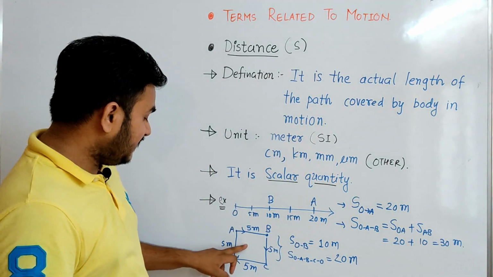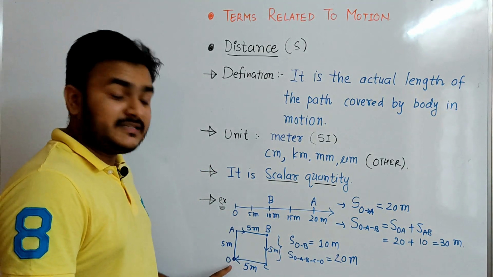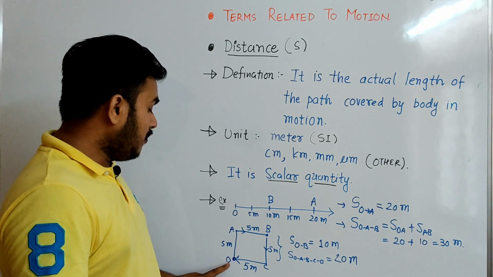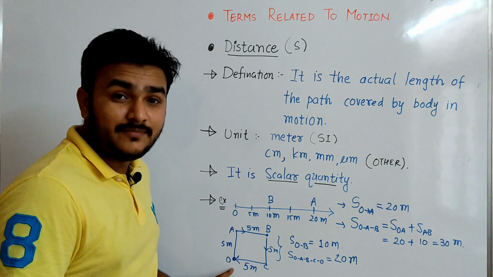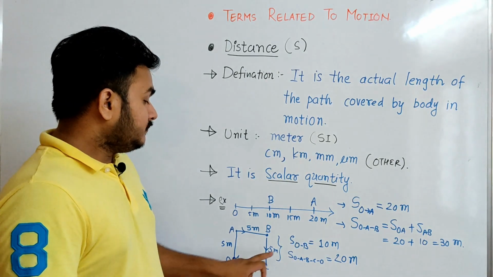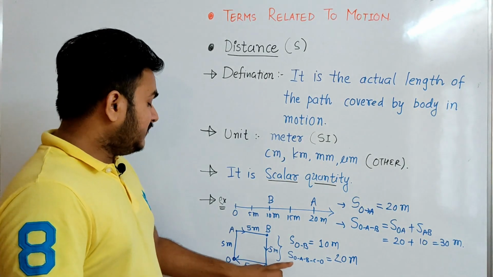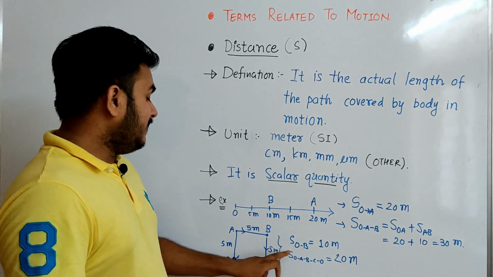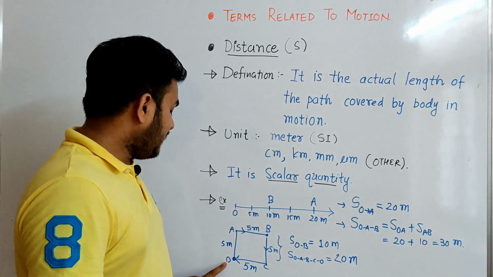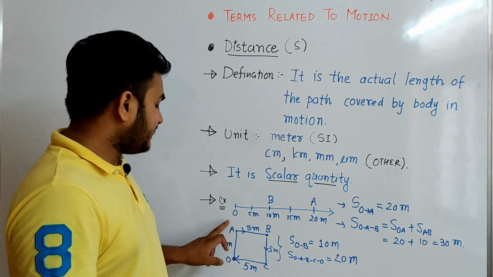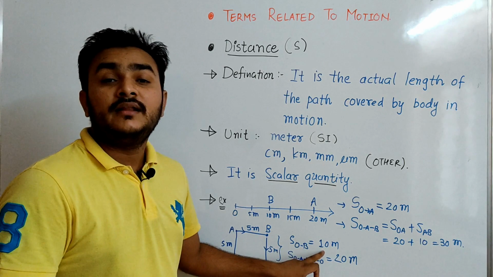Now take another example. If a body starts its motion from point O, then goes to A, to B, to C and then comes back to the same position O, the distance traveled between point O and point B will be S_OA + S_AB, that is a total of 10 meter.